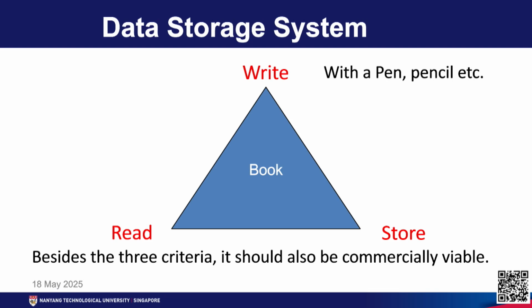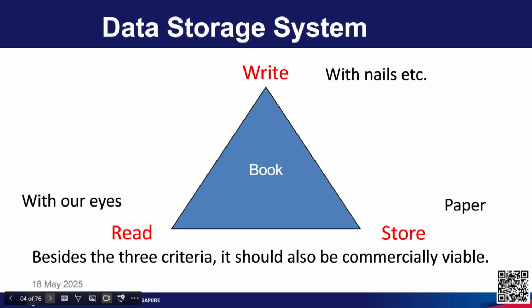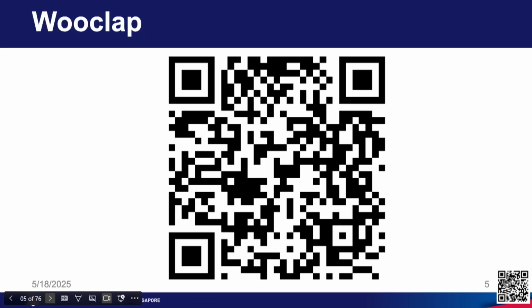In the case of a book, we use a pen or pencil to write information, we sense information with our eyes, and we store information on paper. If you take rock carvings, for example, we use nails to write information, we use our eyes to read information, and we use rocks to store information.